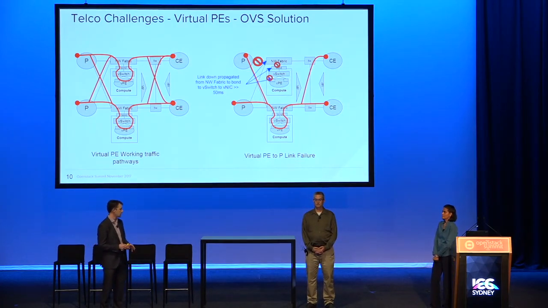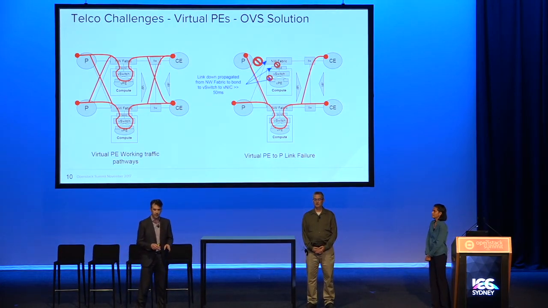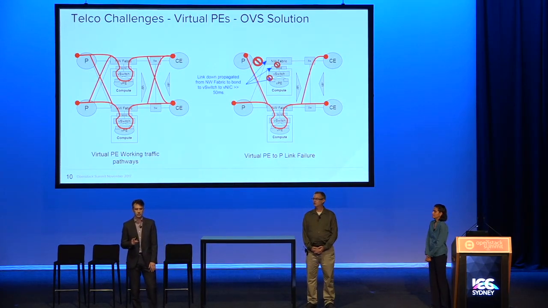The diagram on the left shows a packet flow going through a network fabric into an OpenVSwitch or virtual switch, into the provider edge, and before it gets passed off to our customer network through the same path. This introduces a lot of extra failure points.